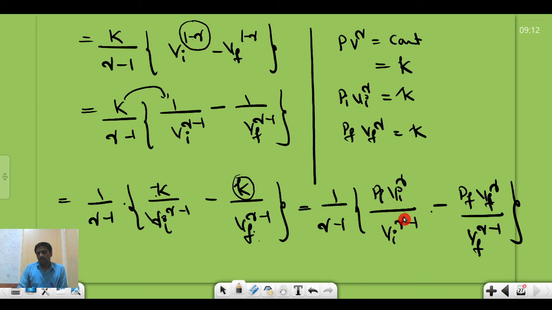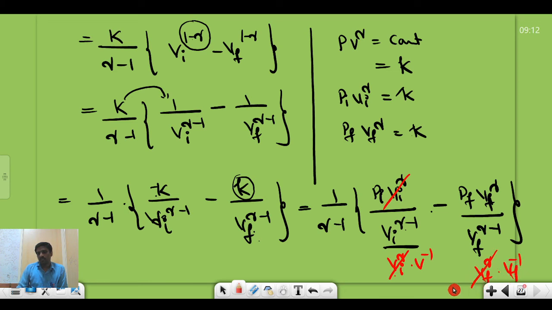Now again I am looking here, this term I am modifying, please look at this one. I am decreasing one step here, V i power gamma into V i power minus 1 we will get. This V i power gamma is cancelled. In the similar manner here also V f power gamma into V f power minus 1 we will get.